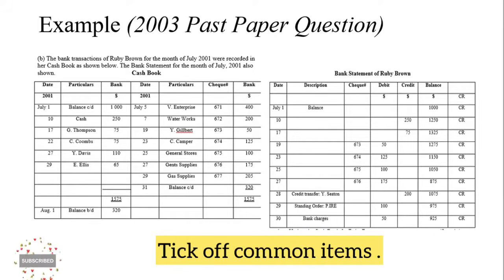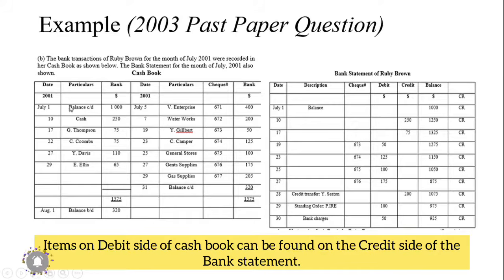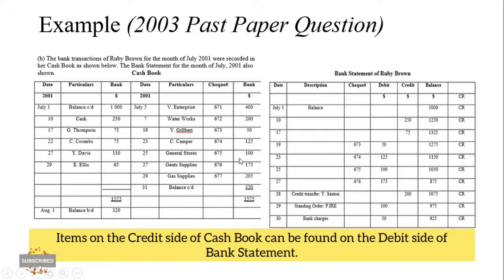So what you will be doing now is taking your pencil or your pen, whatever writing device you have, and ticking off the items. Just to remind you that items on the debit side of the cash book would be shown on the credit side, or in the credit column, in the bank statement, and items on the credit side of the cash book would be shown on the debit side of the bank statement.